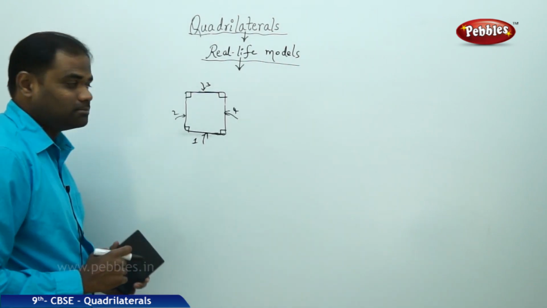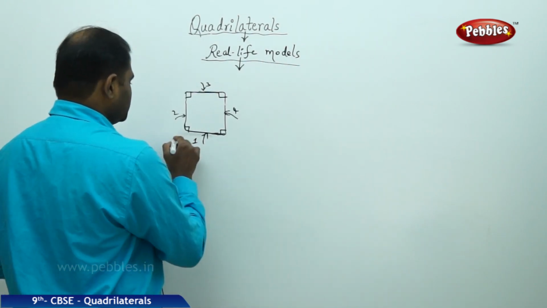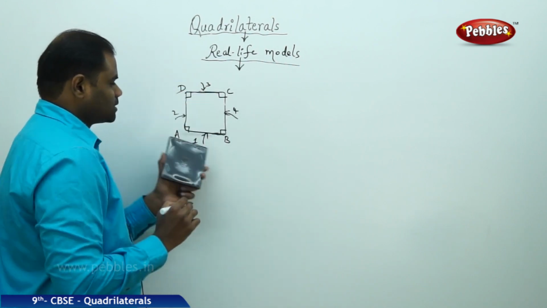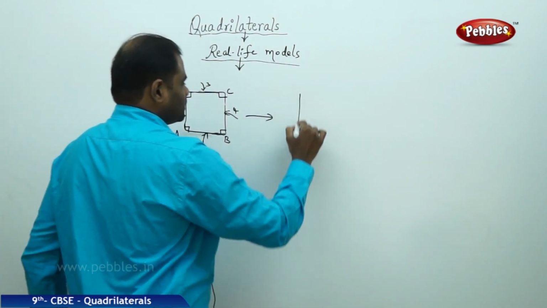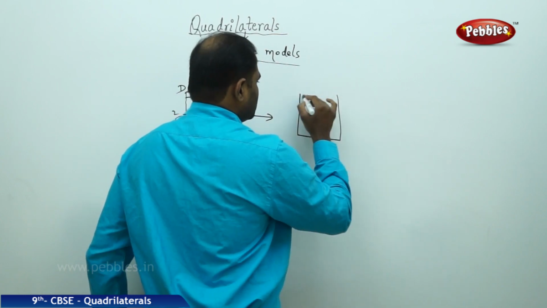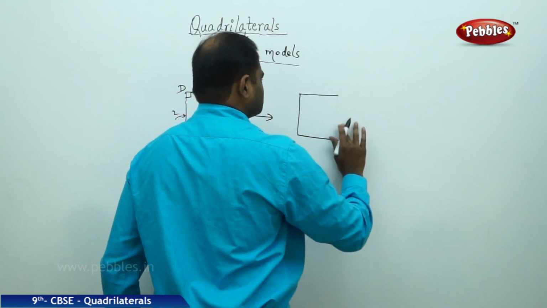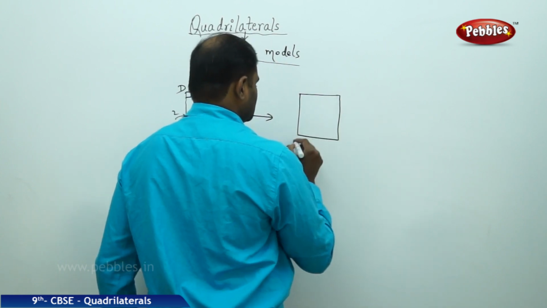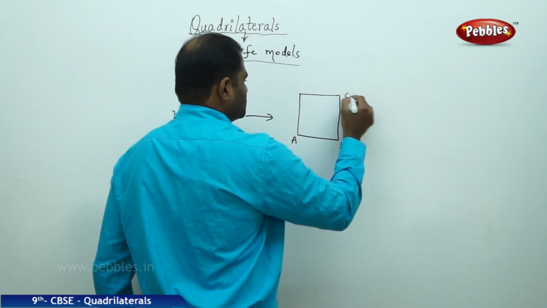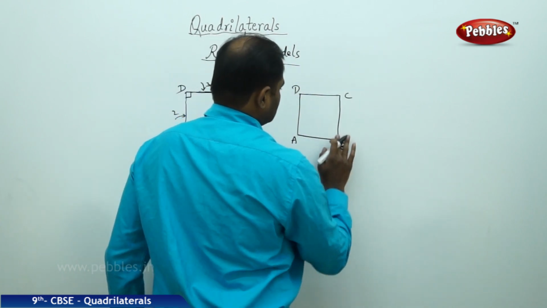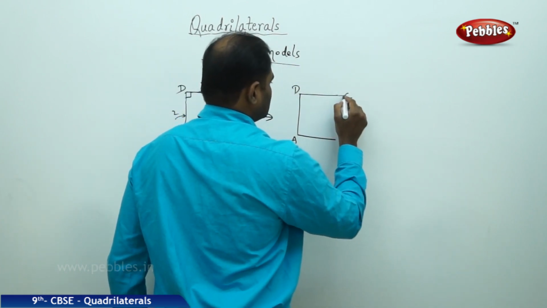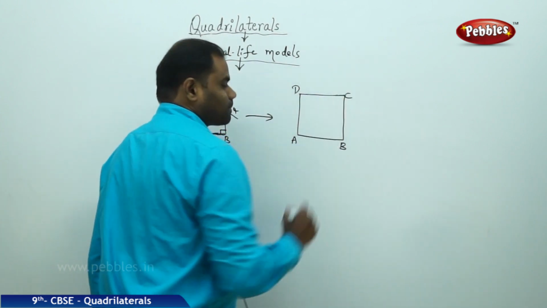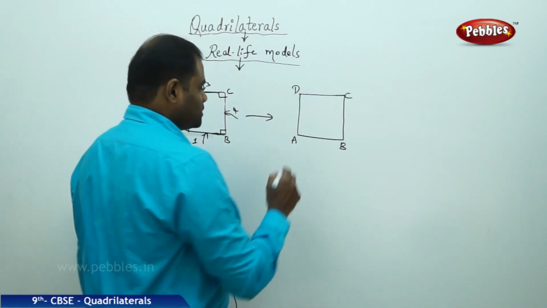And also I observe the lengths of the sides. For example, I take the four corners as A, B, C, D. When I take a clearer picture of this, I have A, B, C, D in which each angle is 90.